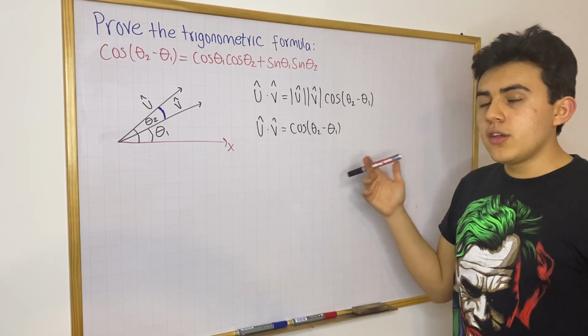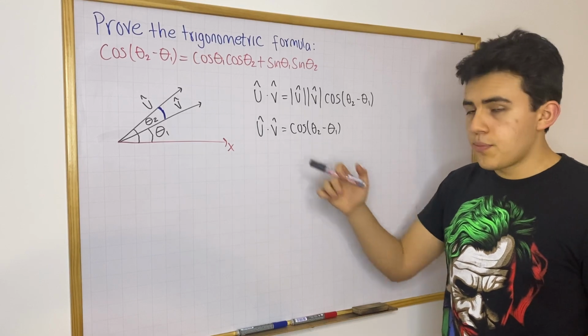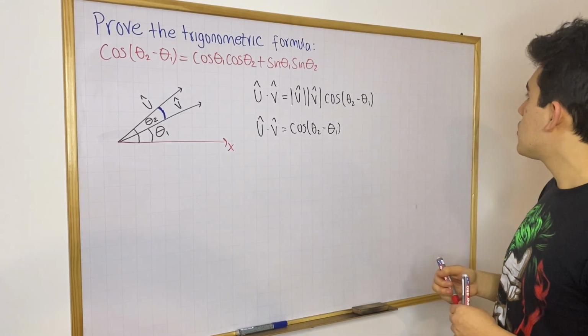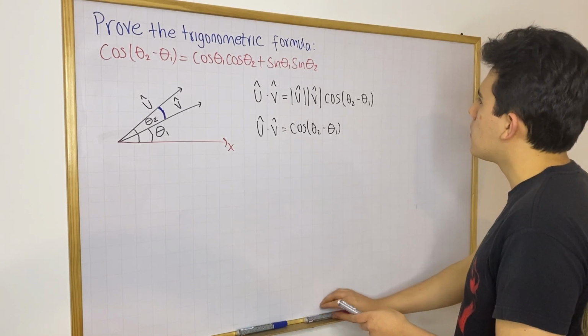So now we're going to use the other formula that exists for the dot product between two vectors. I'm going to do it over here real quick.